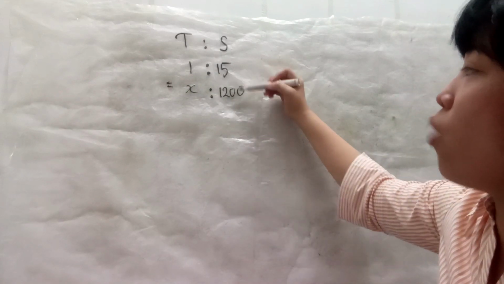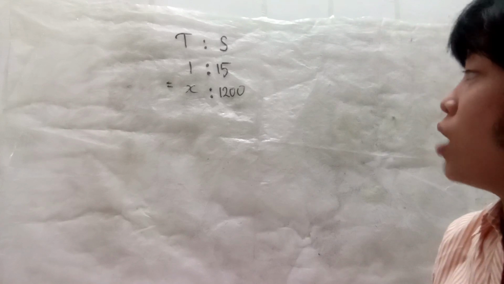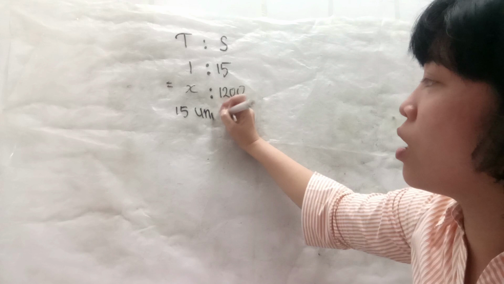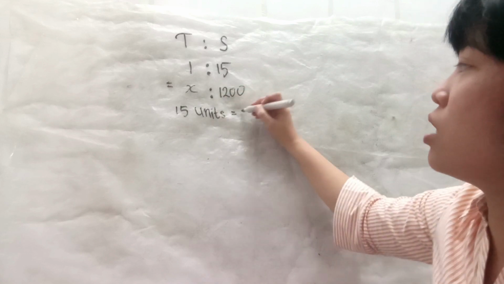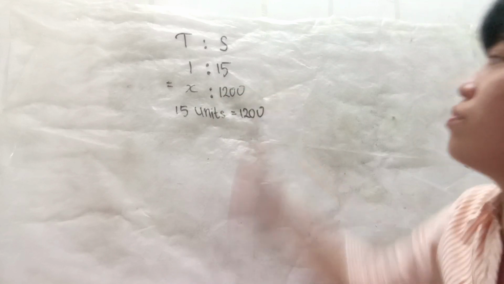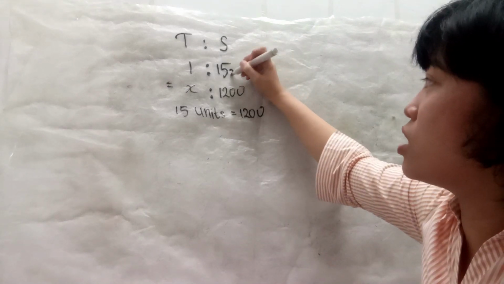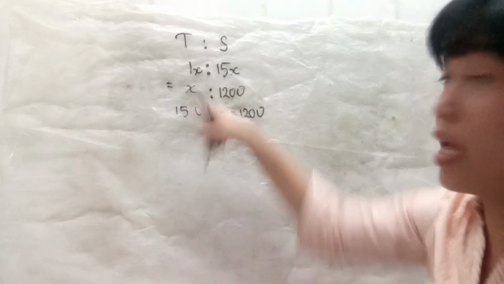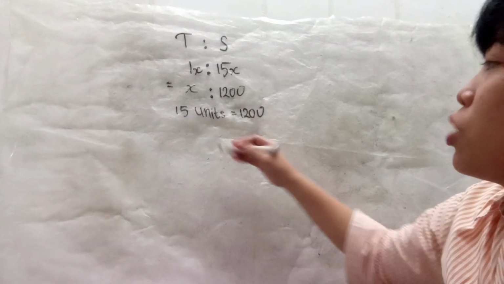So if there are 1,200 students, we can say 15 units equal to 1,200. Or we say this is 15x, this one 1x. So 15 units equal to 1,200.